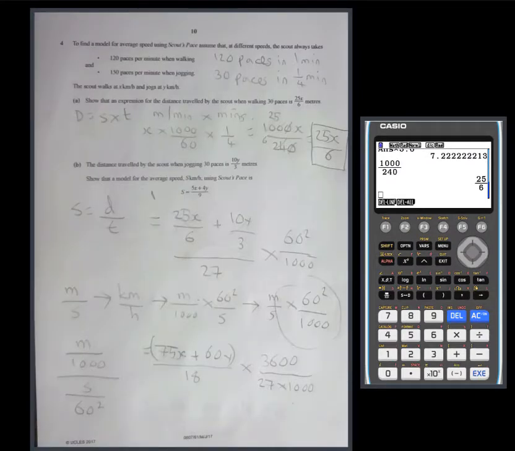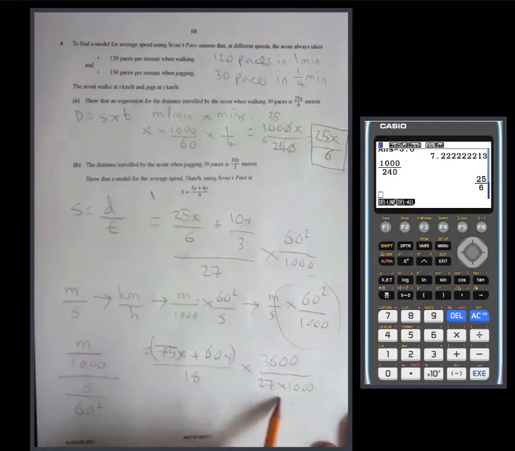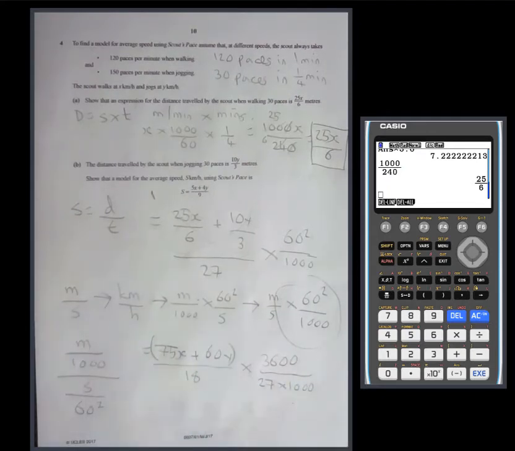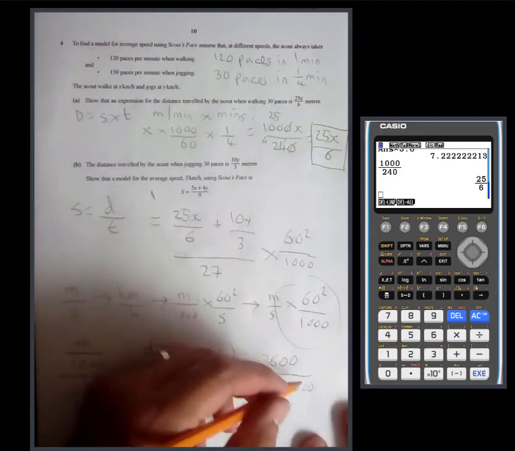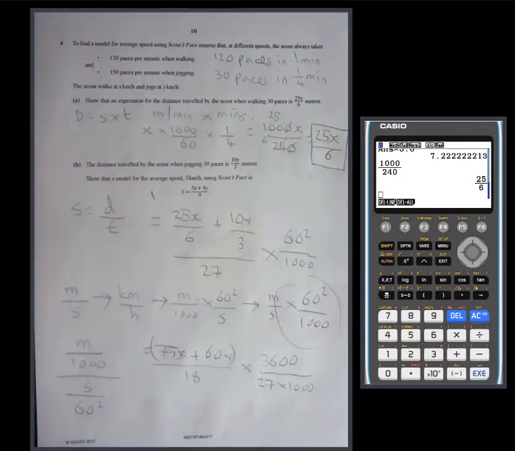So if you look at this, I think it's probably a good idea to attack this fraction here and just see, what is 3600 divided by 1000 divided by 27? If we put that in, it might help quite a lot, and you can use a calculator for that, no problem.